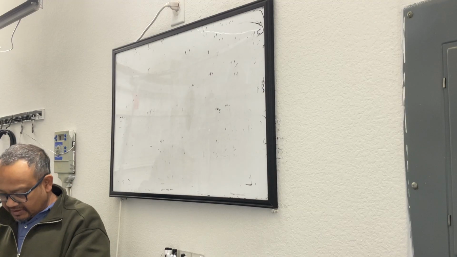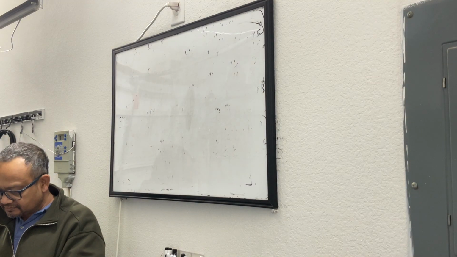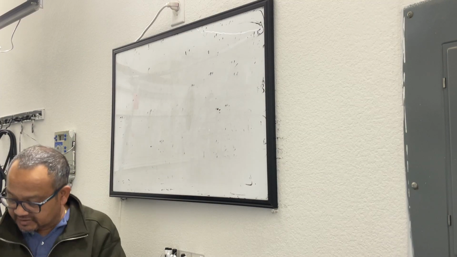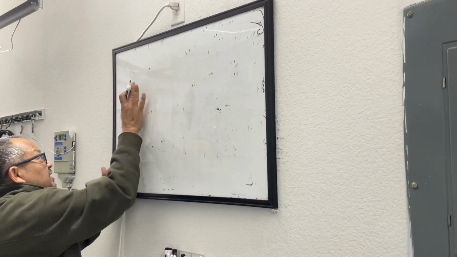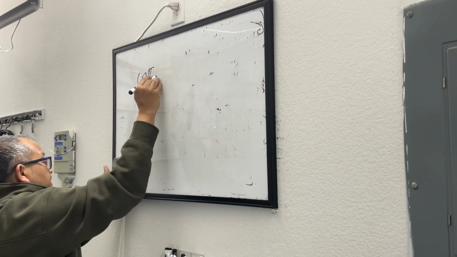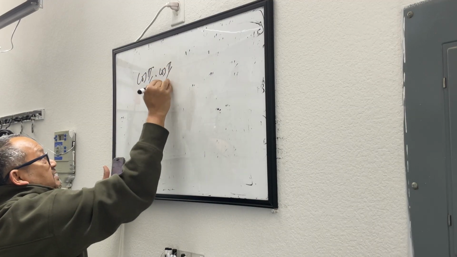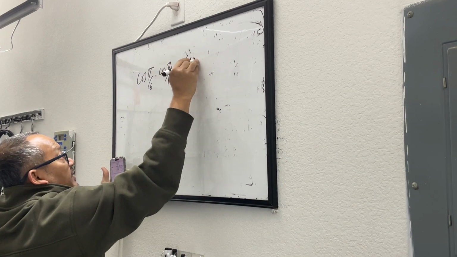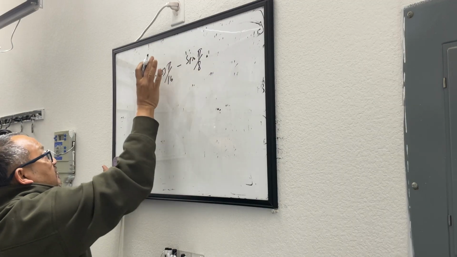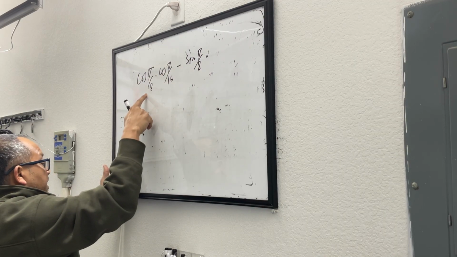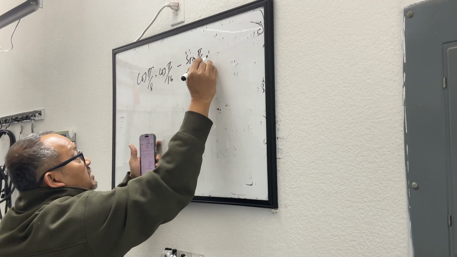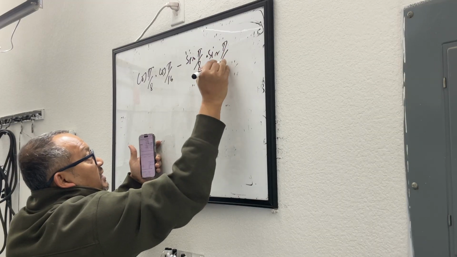Alright, now we are going to the fourth problem. Which of the following is equivalent to the expression cos of pi over 8 times cos of pi over 16 minus sine of pi over 8 times sine of pi over 16?